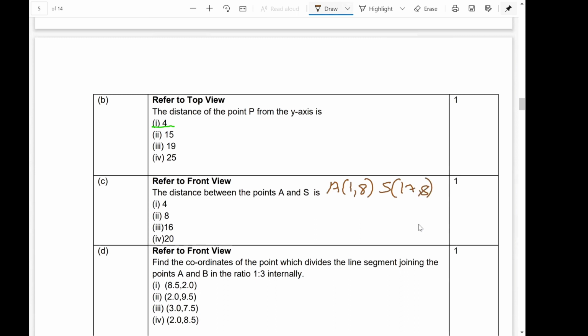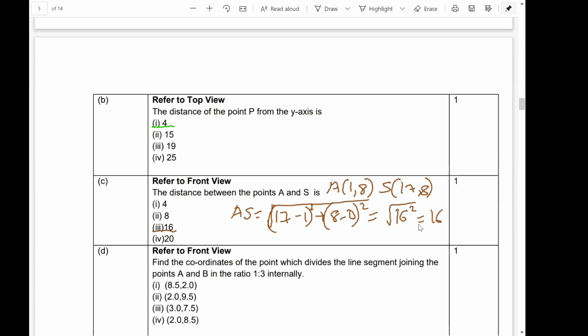So when we find the distance AS, it will be root of (17 minus 1) the whole square plus (8 minus 8) the whole square. That comes like this: root of 16 square, that is equal to 16. So option 3 is the right answer for this third question.